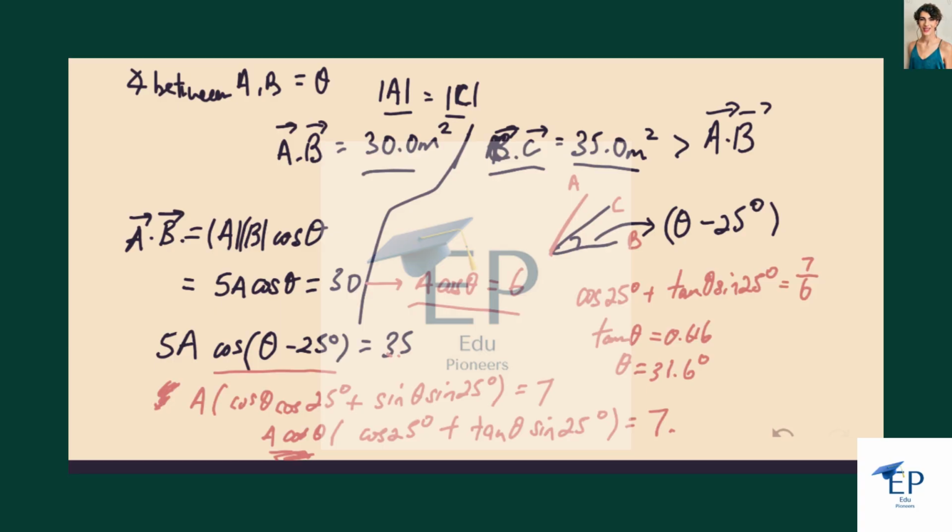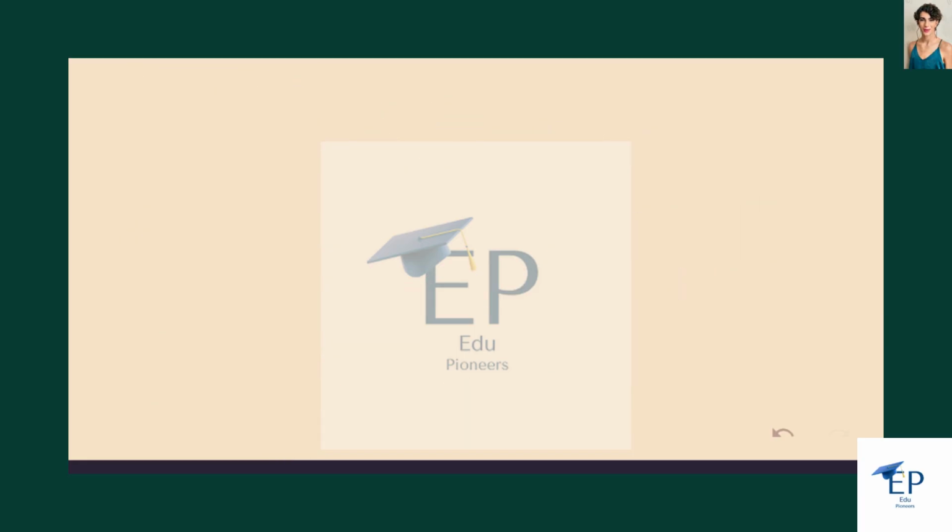And so given that the direction angle for B is 60 degrees, we can then find the direction angle for A. Basically just taking 60 degrees minus theta, the angle between A and B, which will give us 28.4 degrees.